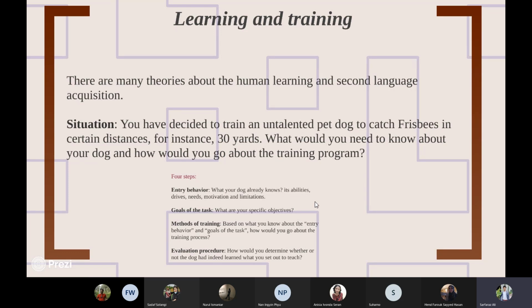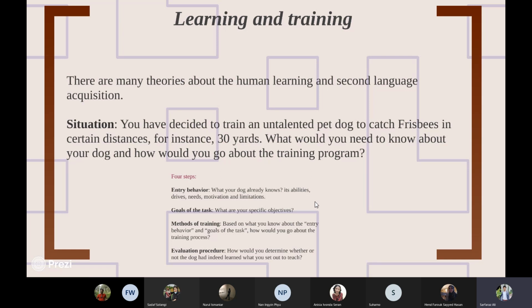There are also universal learning principles in the chapter, and lastly we will be focusing on aptitude and intelligence. These are just a little outline of the chapter.